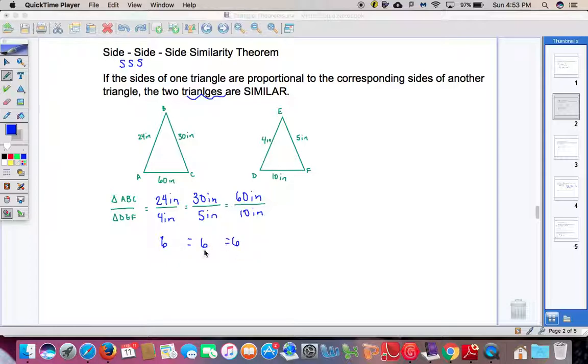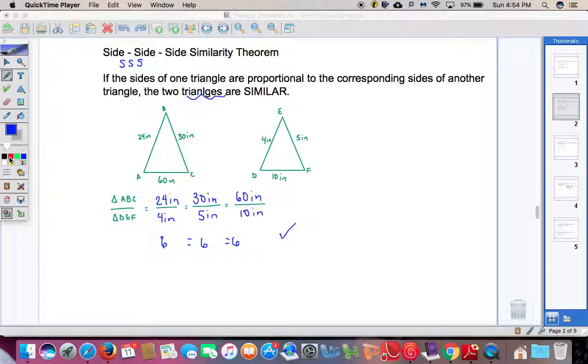Now, because all of these are the same, then I know that my ratios here are all equivalent. So that means my side lengths would be proportional. Okay, so this works. Another way you can determine is by cross multiplication.